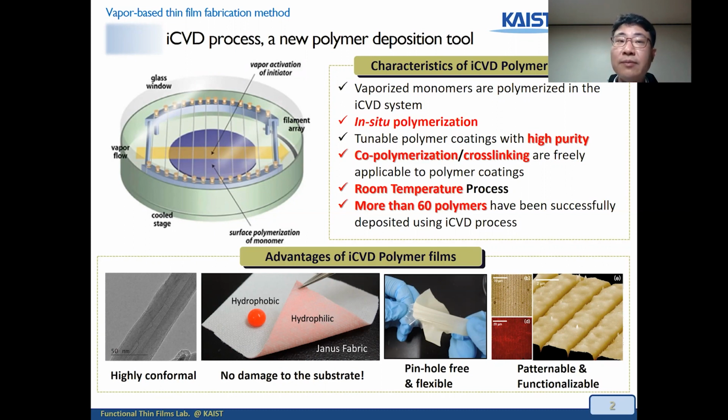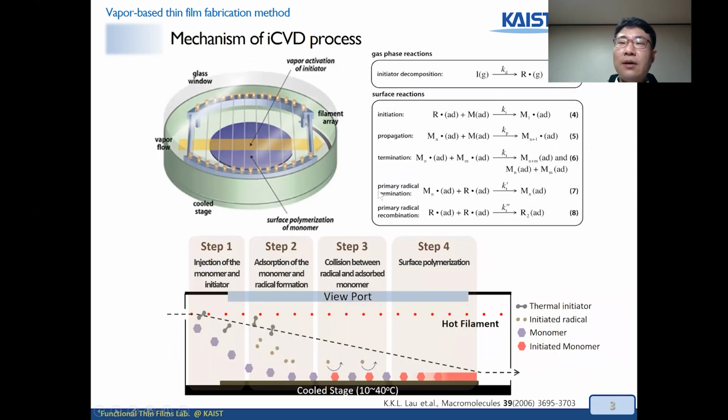In the iCVD process, the I stands for the name of the chemical reaction, which is initiation reaction. So in this process, an initiation reaction triggers the polymerization reaction, and with this process, we can deposit various kinds of functional polymer films. The basic mechanism is like this.